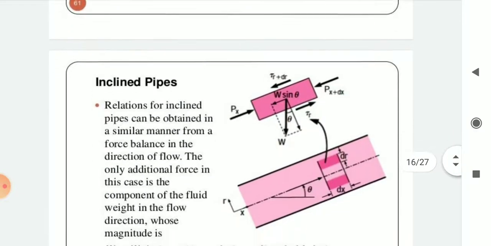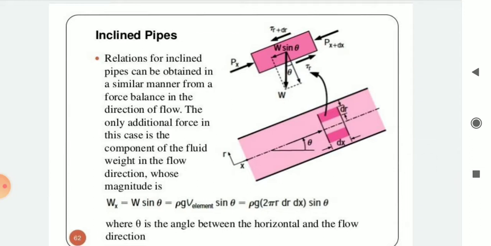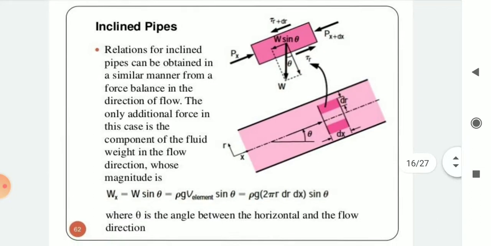Now, pressure loss and head loss for laminar flow in inclined pipes are what we are going to discuss. You can see the images of the pipes which are inclined. Relations for inclined pipes can be obtained in a similar manner from a force balance in the direction of flow.